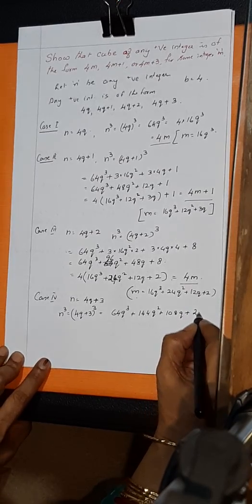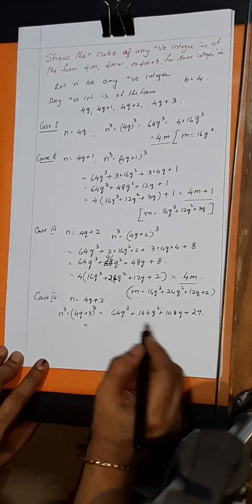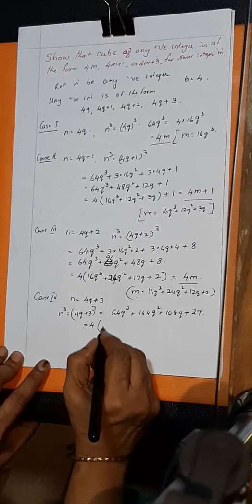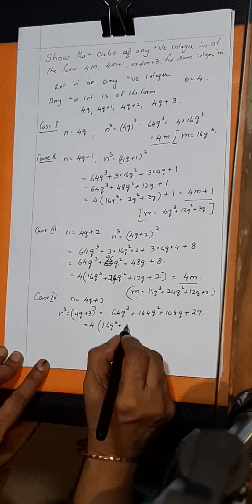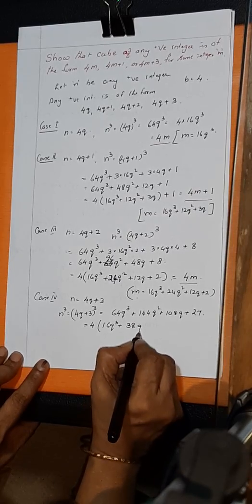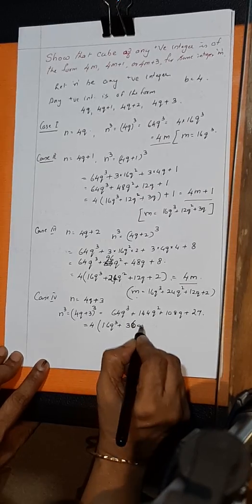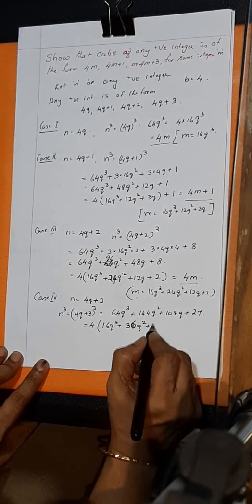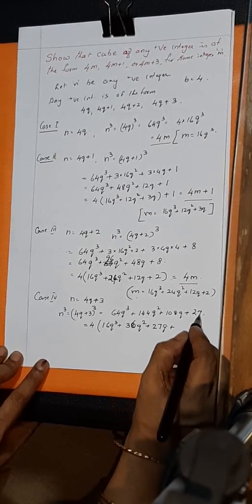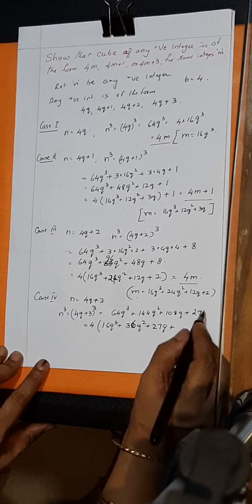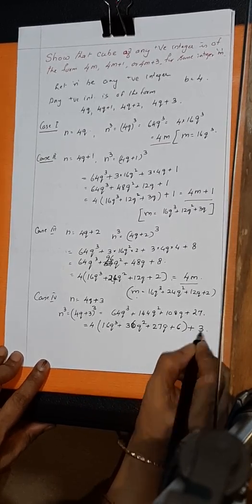So this is equal to, I will take 4 out, 4 into 16q cube plus 36q squared plus 27q plus 6, then plus 3.